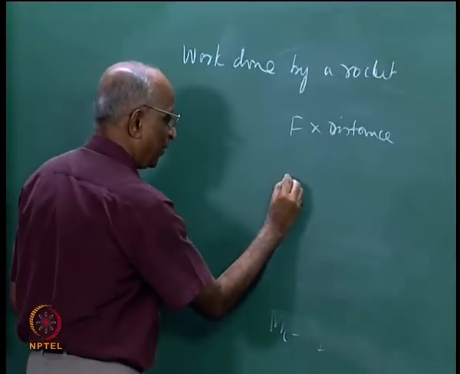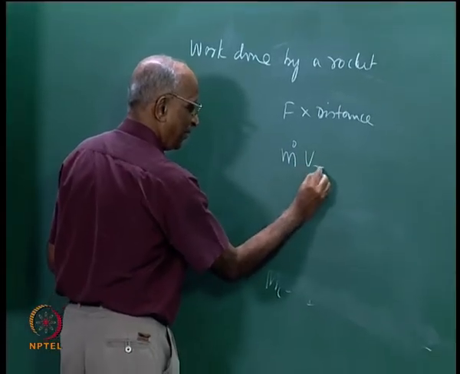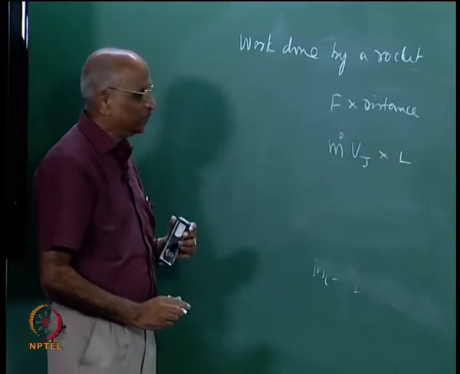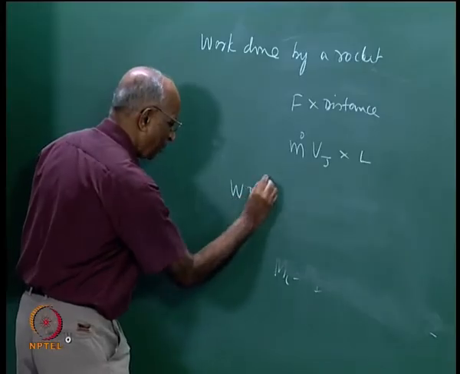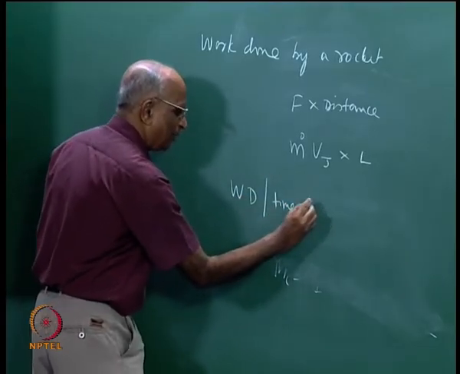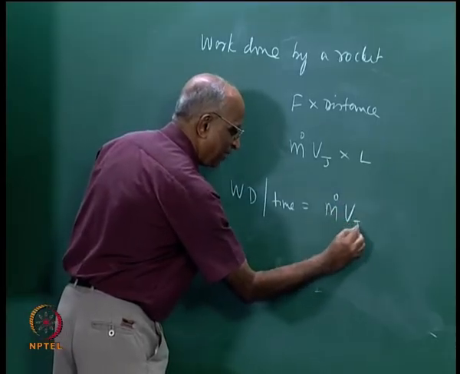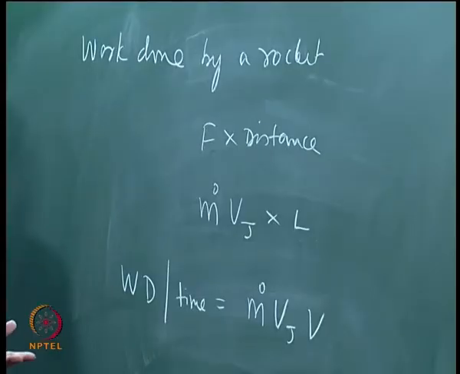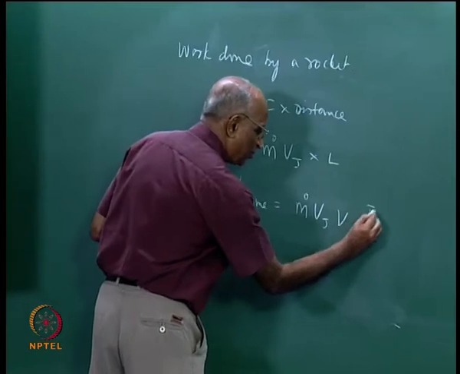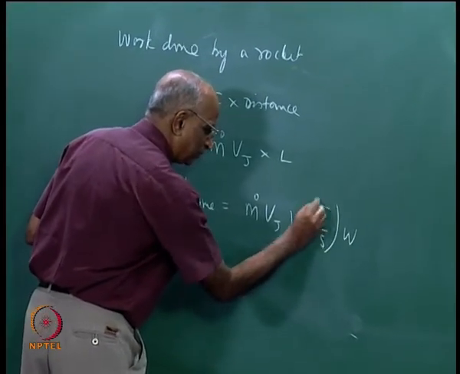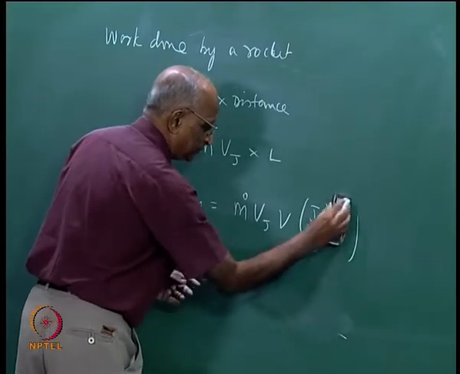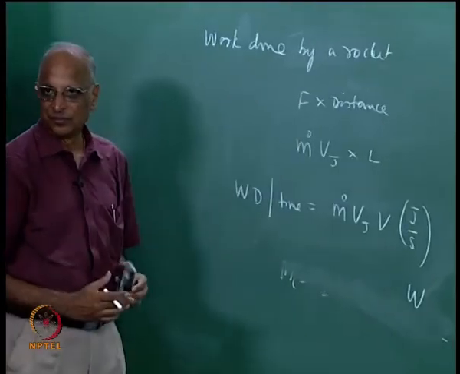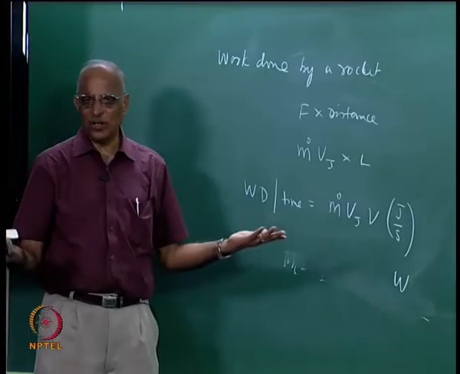The force of a rocket, we told ourselves, is equal to m dot Vj into distance, let us say L. Therefore, I say work done by the rocket per unit time is equal to m dot Vj into the velocity of the rocket, L over T, and therefore, we say so much joules per second or so much watts. Is it all right? Useful work, that is the useful work.